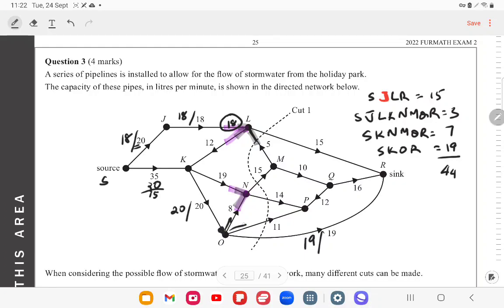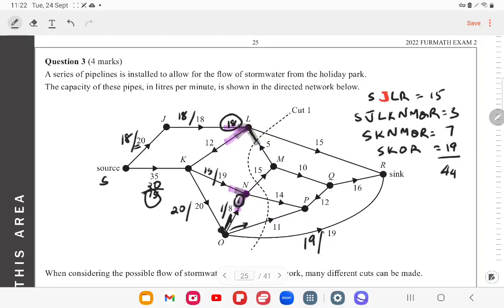or through here. Now if it goes through this pipe which has a capacity 8, so 1 will flow through that and reach this point here. Now the remaining 15 that's there will flow through pipe SK and go through pipe KN.